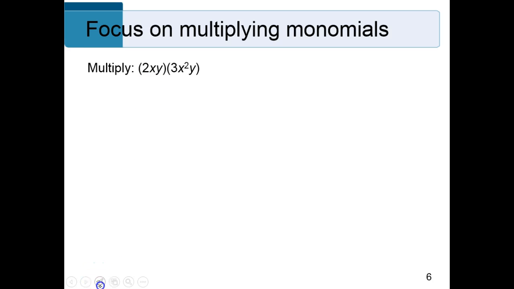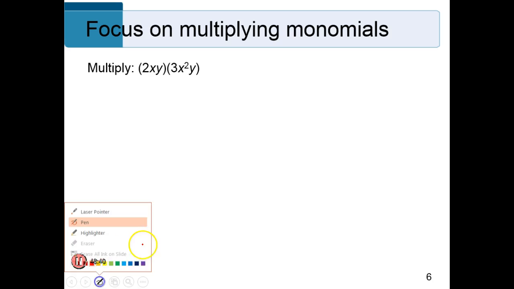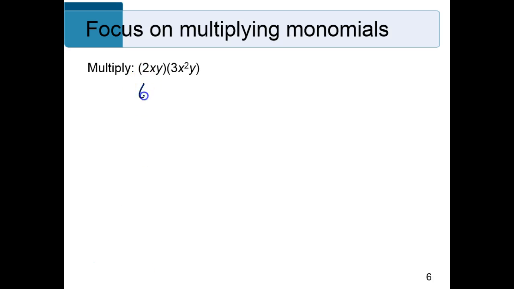Okay, what'd you get? 6. Now deal with the first variable. X's, what do you do here? X cubed, excellent. And then y squared, you got it. Okay? Now, if you don't want to do it, this is a lazy shortcut way.